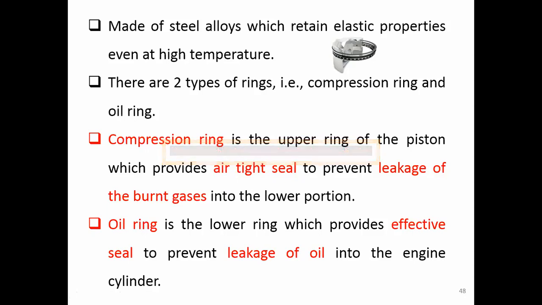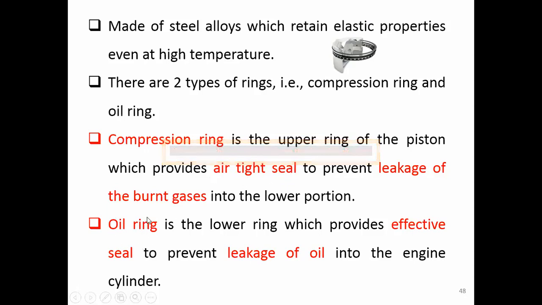Make sure that nothing leaks out from the cylinder to the place it is not supposed to go. So this compression ring is used to prevent the leakage of the burnt gas into the lower portion of the cylinder. That's the reason why it has to retain the elastic property, otherwise it cannot provide the airtight seal.